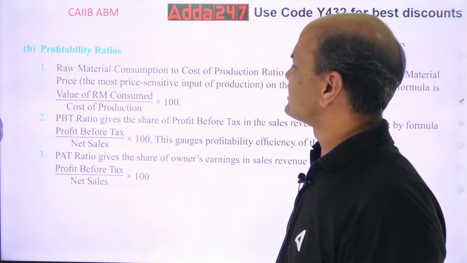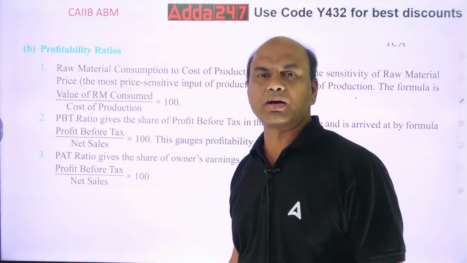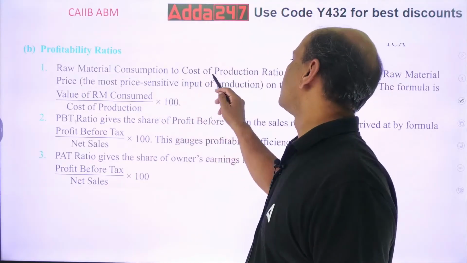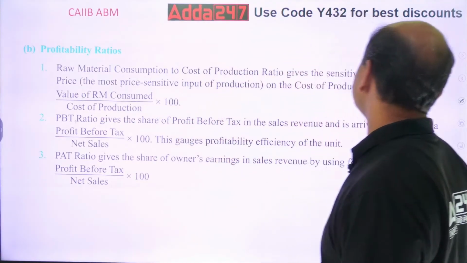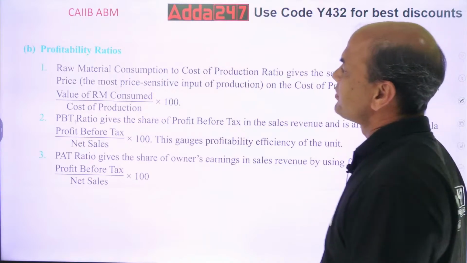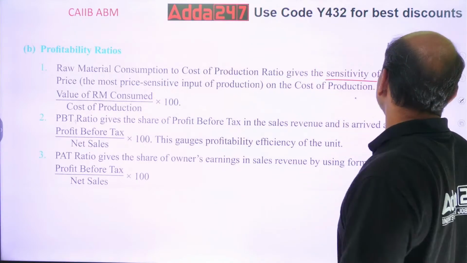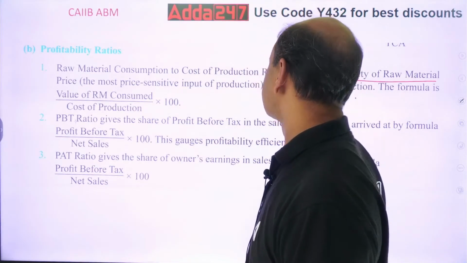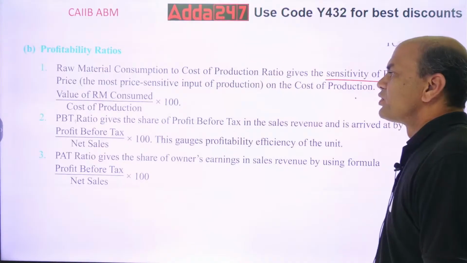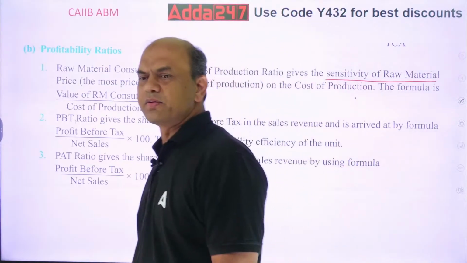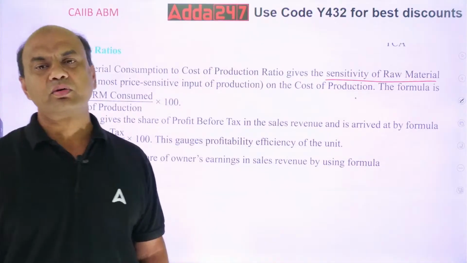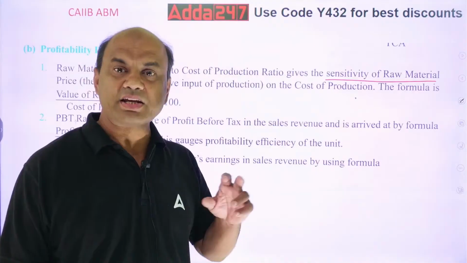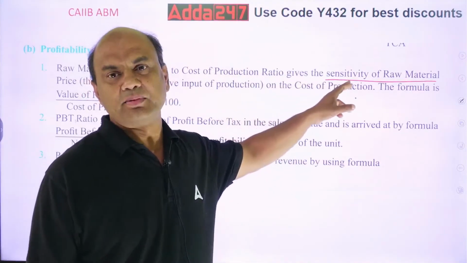Raw material consumption ratio: what do we mean by it? The raw material consumption to cost of production ratio gives the sensitivity of raw material price, the most price sensitive input of production, on the cost of production. What do we mean by the word sensitivity? Sensitivity here means the change of the element based on the benchmark.